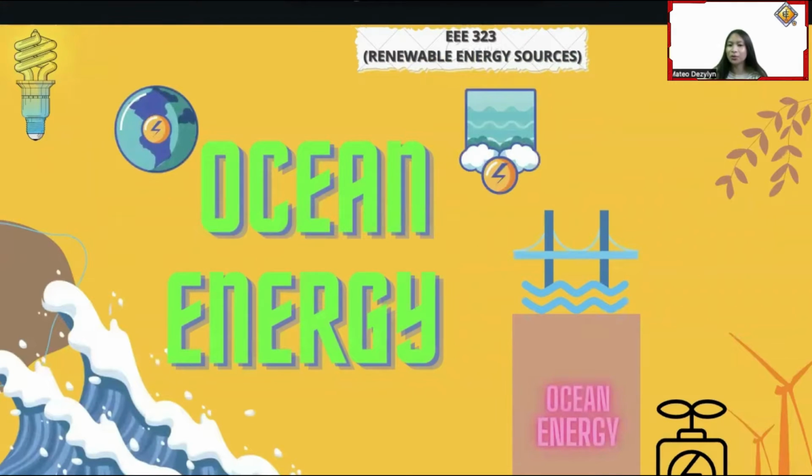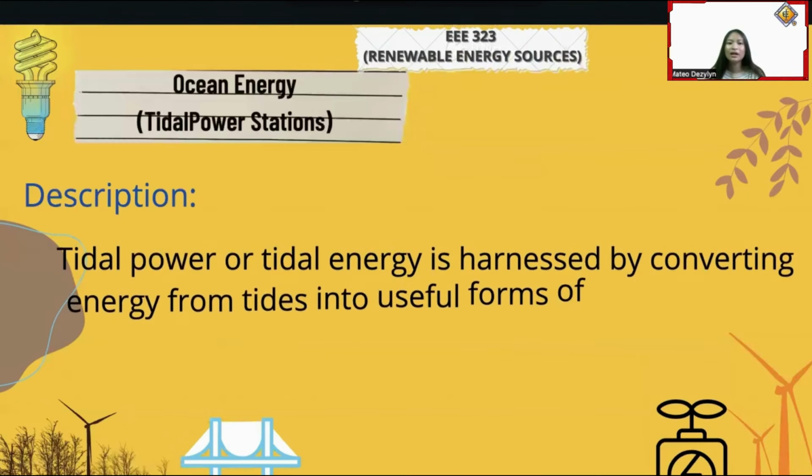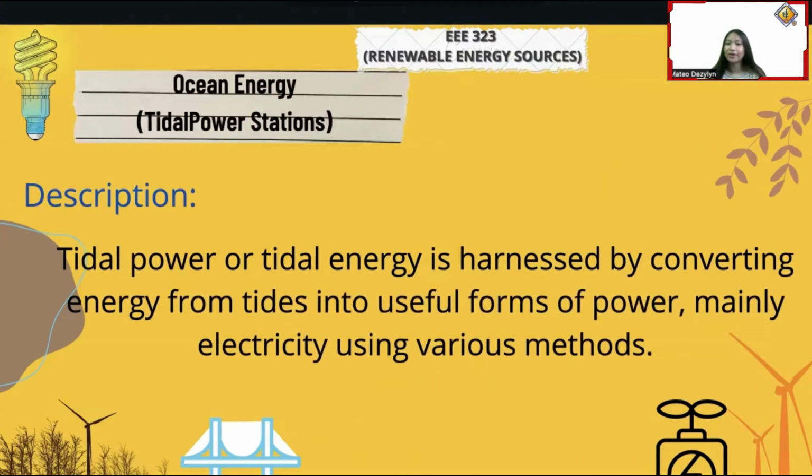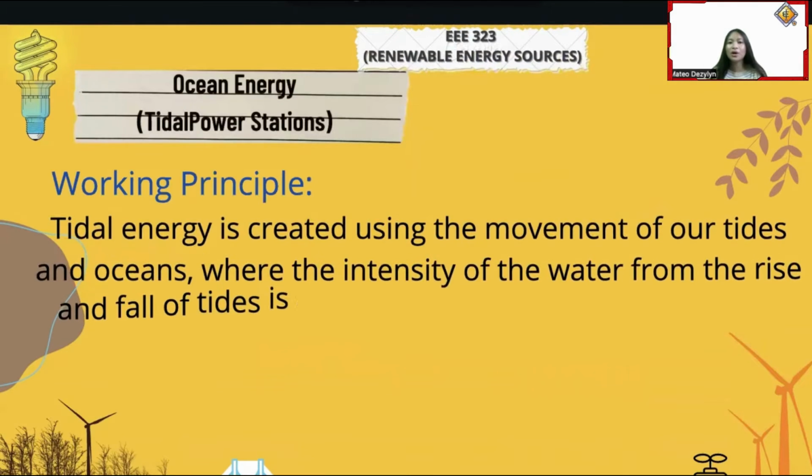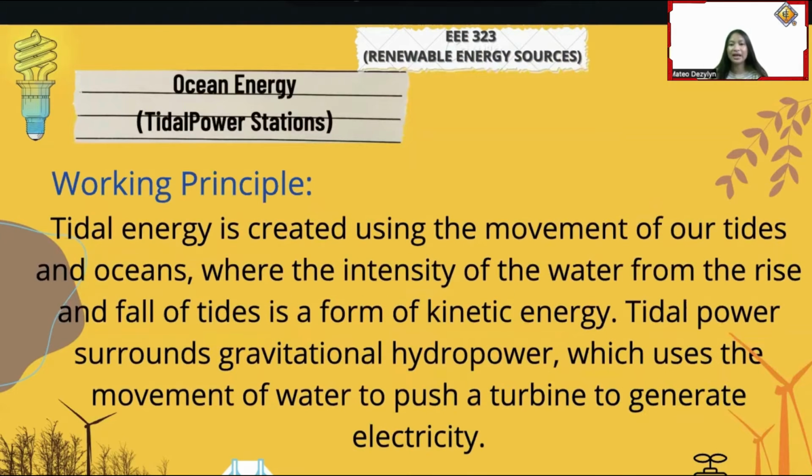So, what is ocean energy? Tidal power or tidal energy is harnessed by converting energy from tides into useful forms of power, mainly electricity, using various methods. So, working principle: tidal energy is created using the movement of our tides and oceans, where the intensity of the water from the rise and fall of tides is a form of kinetic energy.